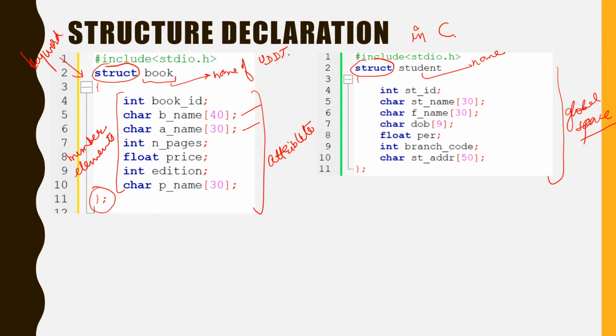But here I will revise: anything defined in the global space is available for the complete program. That is, all the user defined functions and even the main function have access to this structure.